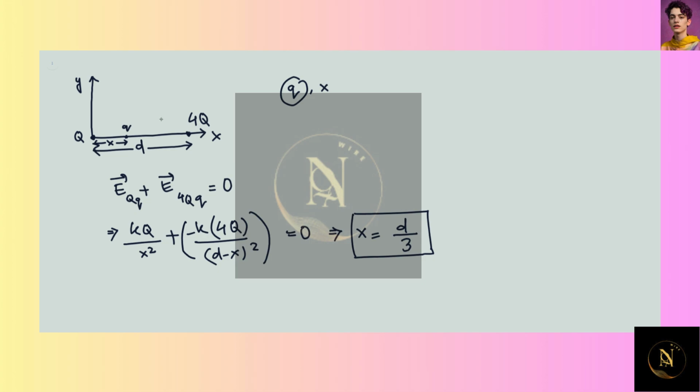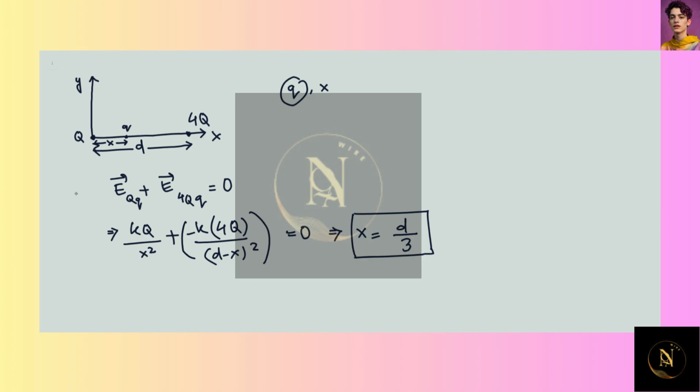Now charges 4 times capital Q and this small q exert a force on the charge capital Q. And since all three charges are in equilibrium, the force or the electric field at any of these 3 points will be equal to 0.